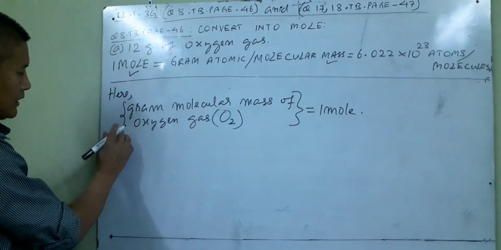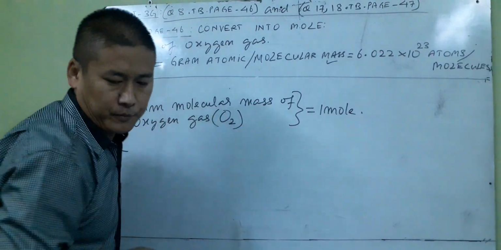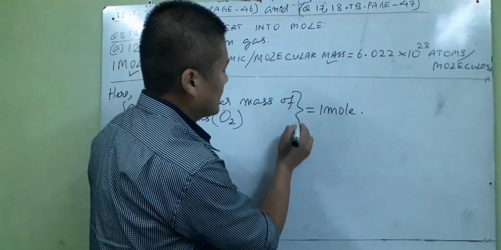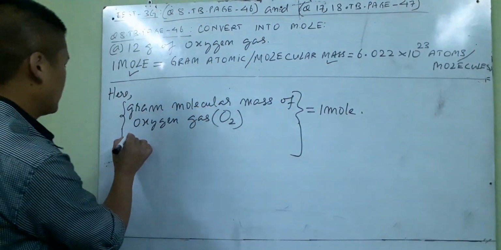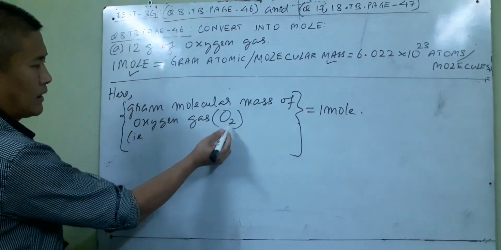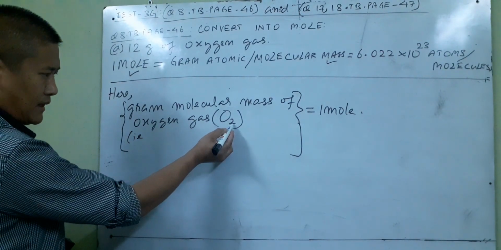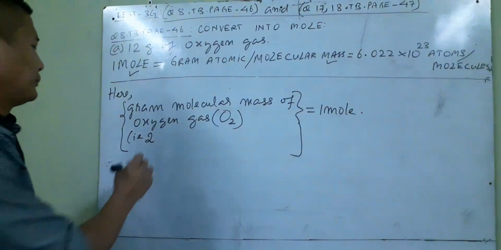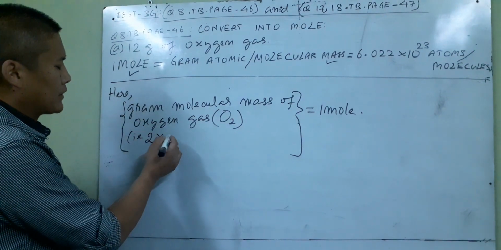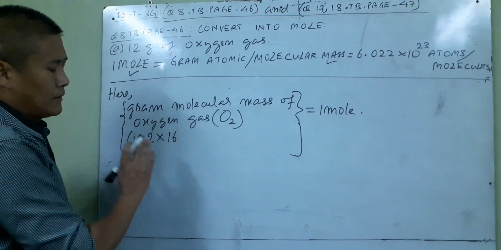So let us extend this and calculate the gram mass from here itself, in the first step itself. At the back of the oxygen gas formula there is a 2, which means there are 2 oxygen atoms. And on page 37 of your text, 1 oxygen is 16 u.